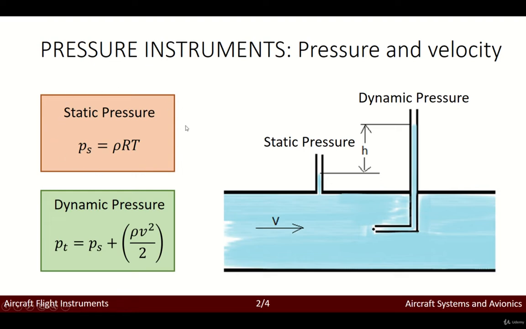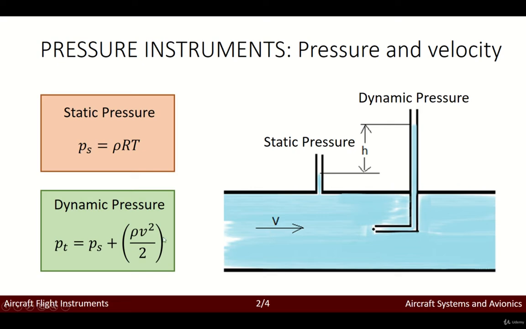For an ideal gas and how it's studied in fluid dynamics, we simply define this pressure as this expression over here, which is the density and temperature multiplied by a constant. And the dynamic pressure, which is the main difference between the velocity and the static pressure, just takes into account that the total pressure or dynamic pressure will be the static pressure plus this component over here, which depends on the square of the velocity of the flow.